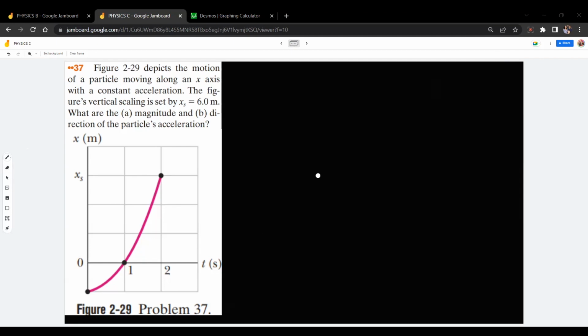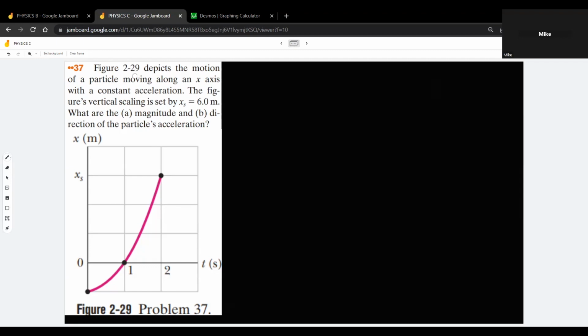Tapos, ang mga positions na alam natin ay XS equals 6.0 meters. T is equal to 2. X is equal to 0.